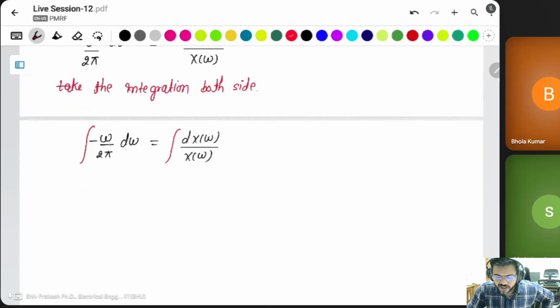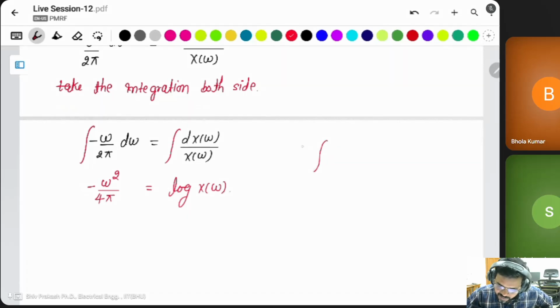The integration of omega with respect to d omega will be minus of omega square divided by 2, and 2 and 2 pi are already here, so this will be 4 pi. And dX(omega) divided by X(omega), the integration of 1 by X, will be log of X(omega), because the integration of 1 by x dx is equal to log x.